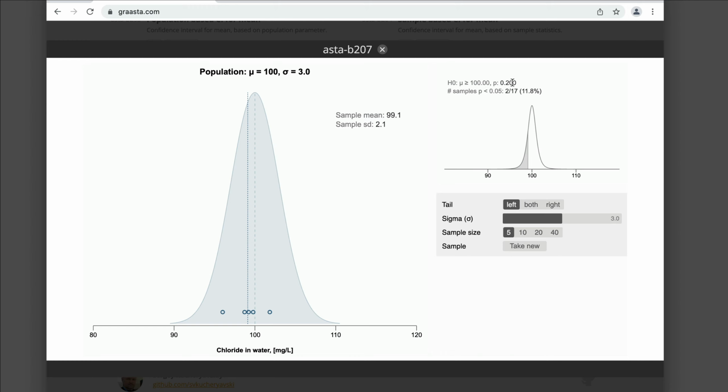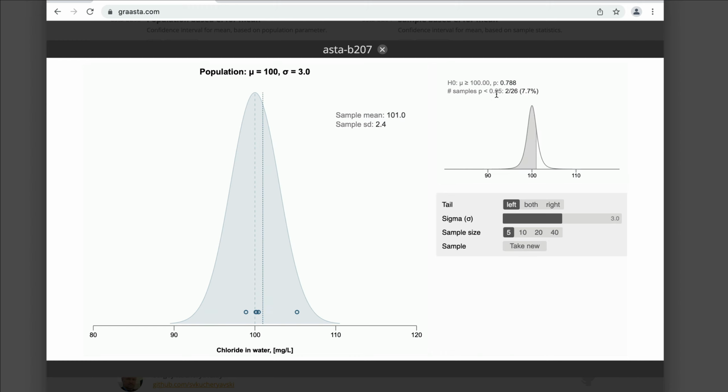So in this case, it's a pretty big chance, right? And if I take a new sample, you can see in this case, the sample mean is very close to the population mean. I believe it should be 100 or larger, and that's why you can see the p-value is almost 50%.